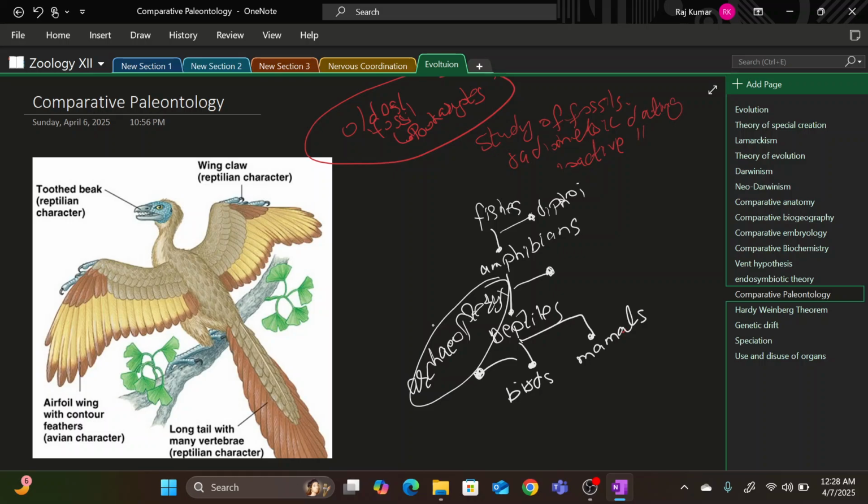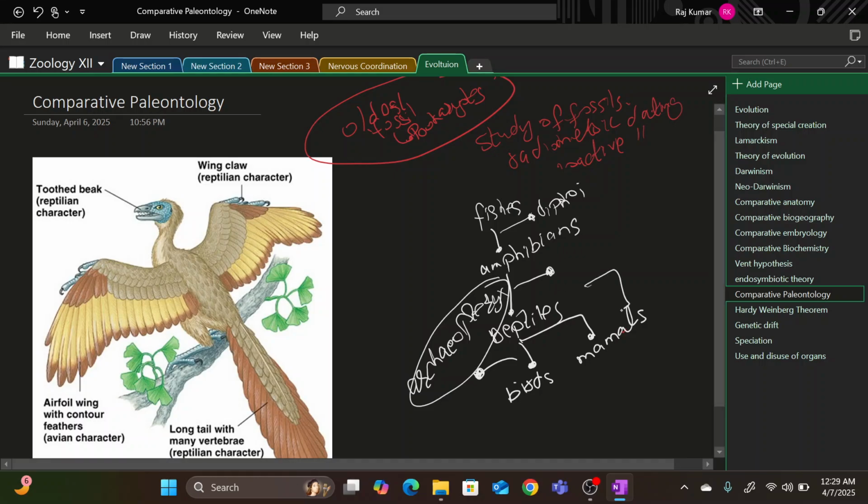But on the other side, there are certain reptilian characteristics such as claws, fingers, and a tail with vertebrae, and alongside that it has teeth as well, right?